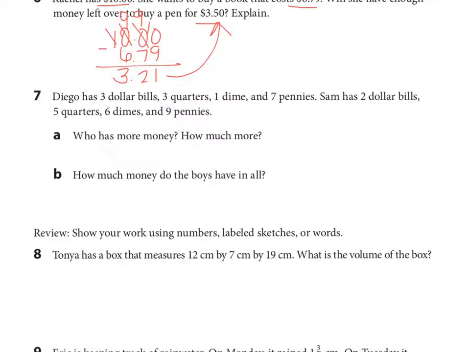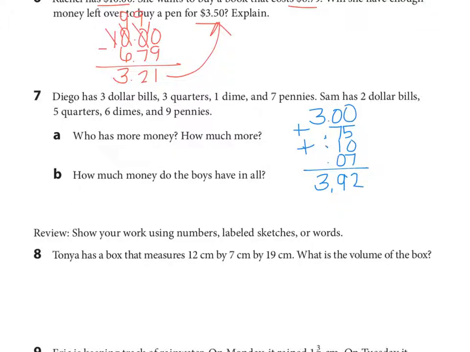Well, I know it's $3, 3 quarters is 75 cents, 1 dime is 10 cents, and 7 pennies is 7 cents. So I'm adding this up, and I see it's going to be $3.92. Is that correct? 92 cents.